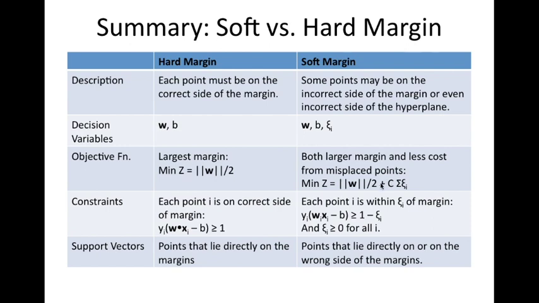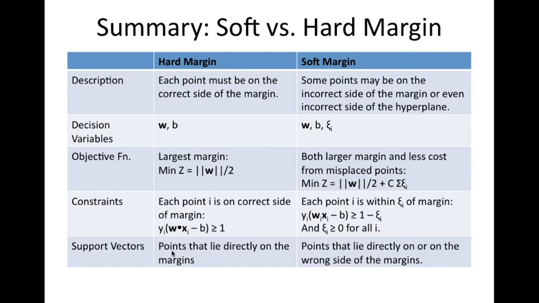The objective function, we add this cost term. The constraints, we now allow points to be on the wrong side of the margin within the bounds given by ξ. ξ here also isn't an absolute distance. It's more of a proportion based on the size of the margin. And then also that the ξ sub i are greater than or equal to 0.